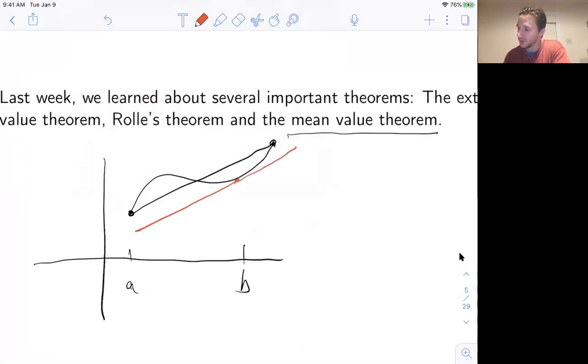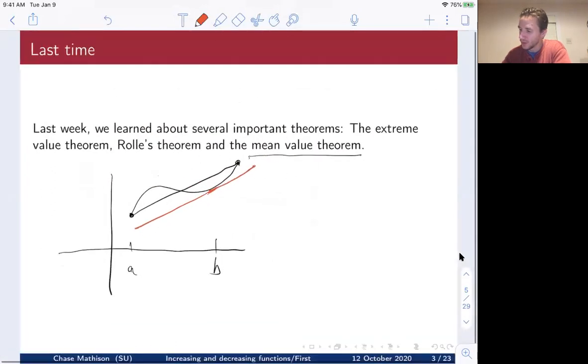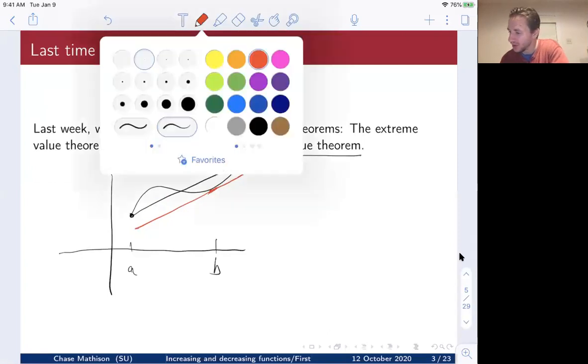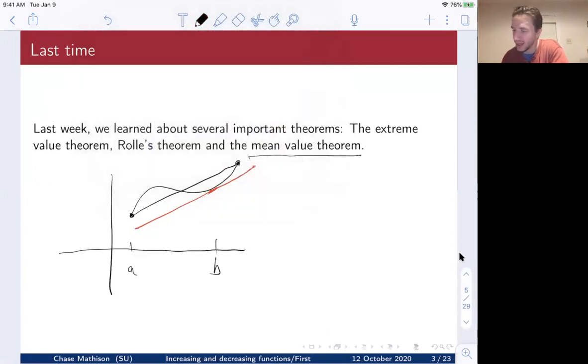That's what the mean value theorem says. And Rolle's theorem is just a special case where f of a is equal to f of b. Okay. The mean value theorem is very important. All the proofs I do today rely on the mean value theorem.